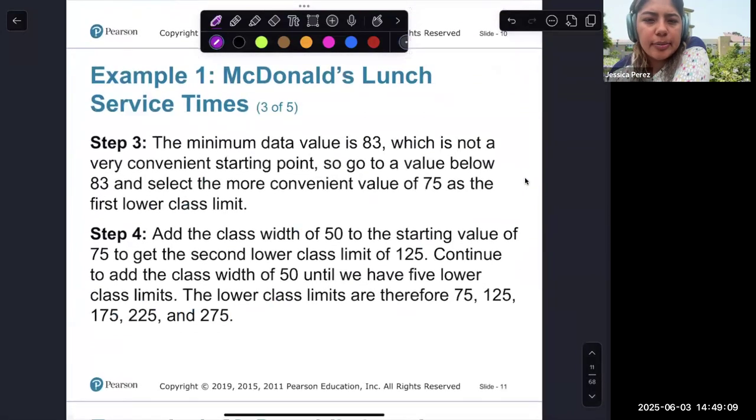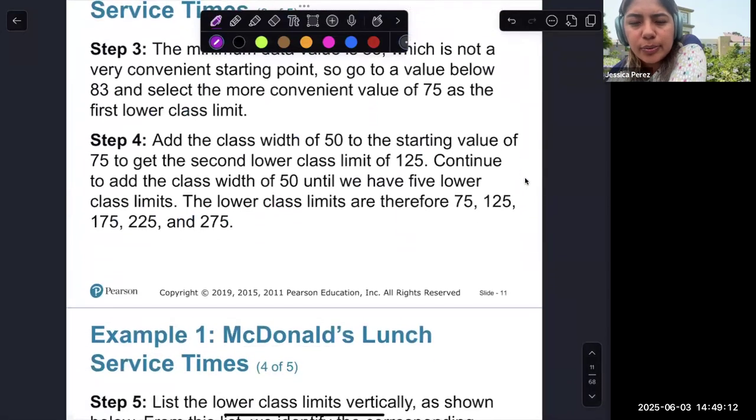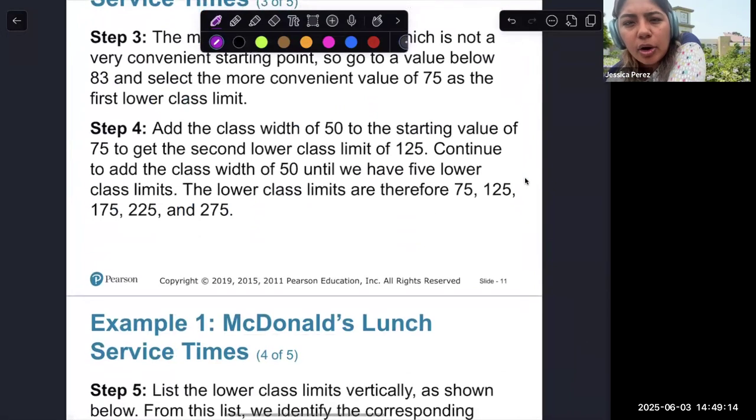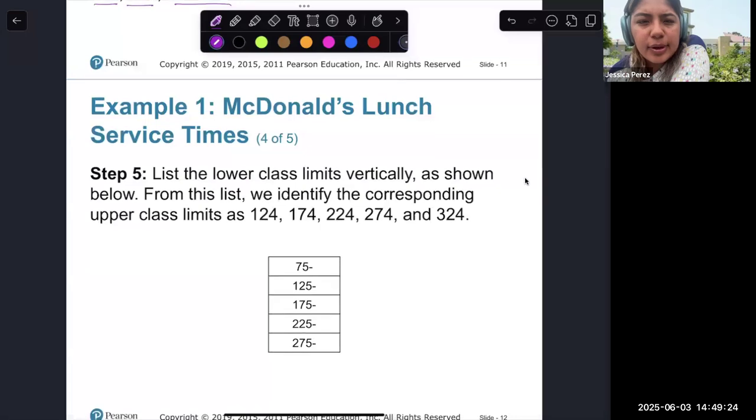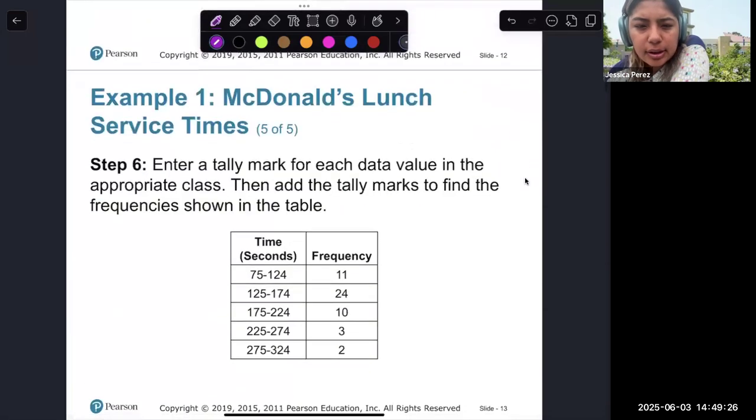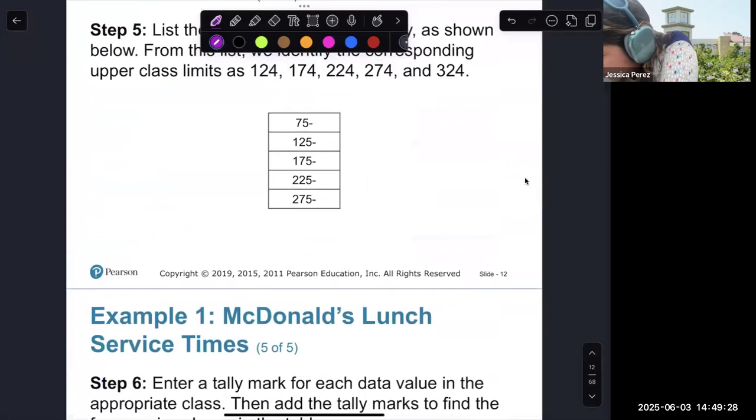Then we selected, of course, our class limits. Our class width was 50. So we have our lower class limits to be 75, 125, 175, 225, and 275. And then we have our upper classes: 124, 174, 224, 274, and 324.